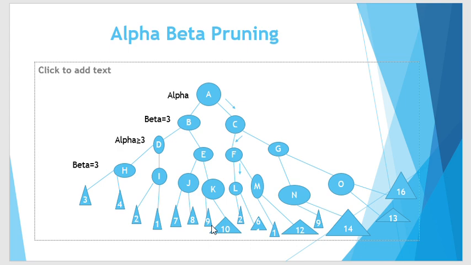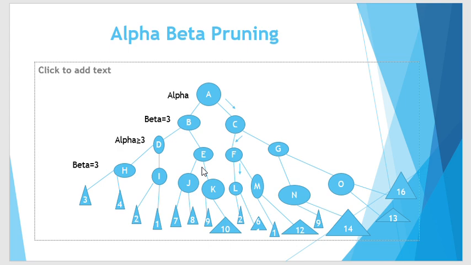That means beta does not provide that particular part. So it already said that the value is 3 or less than 3.